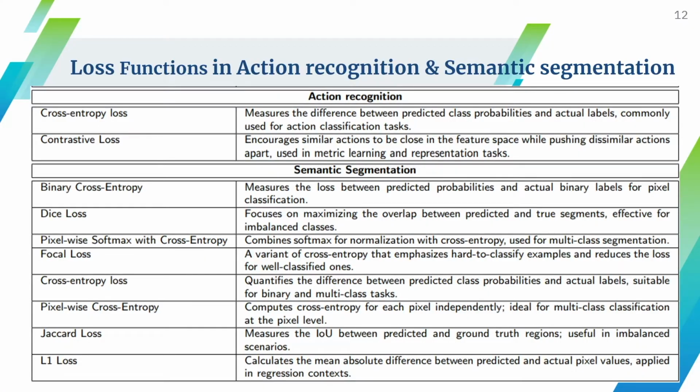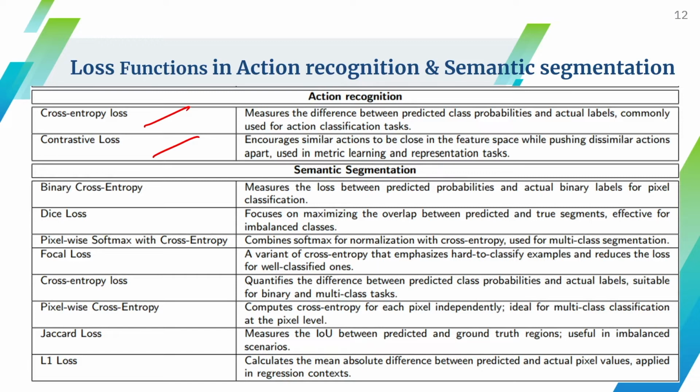And moving on to the other loss functions that can be applied in classification and semantic segmentation. There might be problems in the real world which fall under this category. For those, you can very well apply the cross entropy loss method and the contrastive loss method, and these mainly calculate the difference between the predicted probability and the actual labeling.